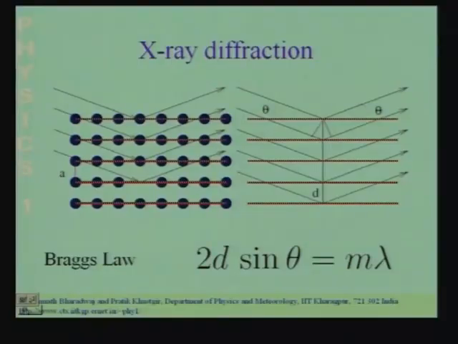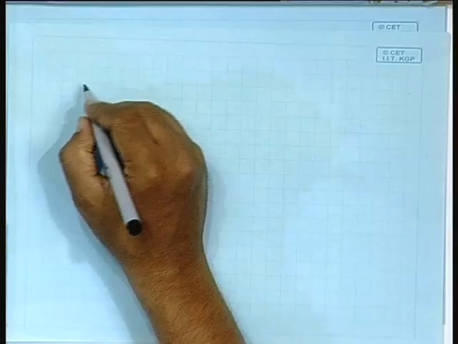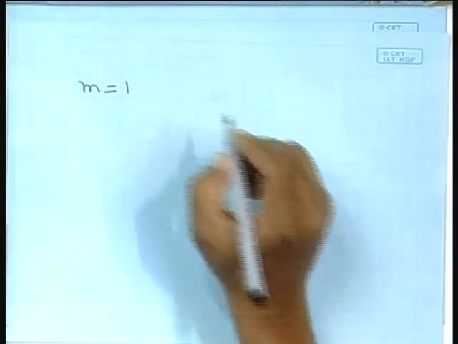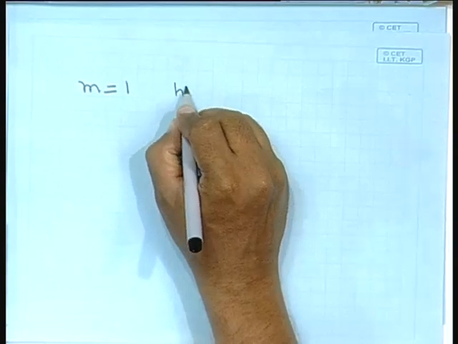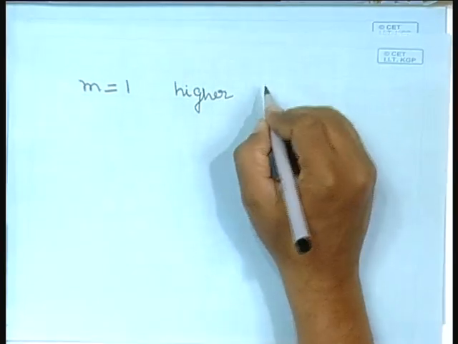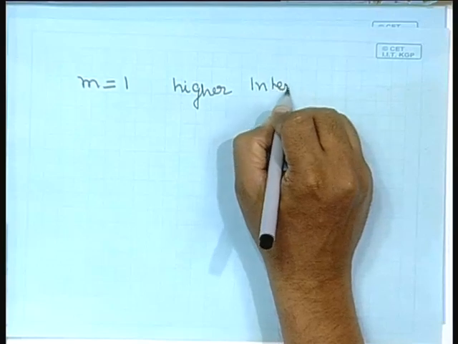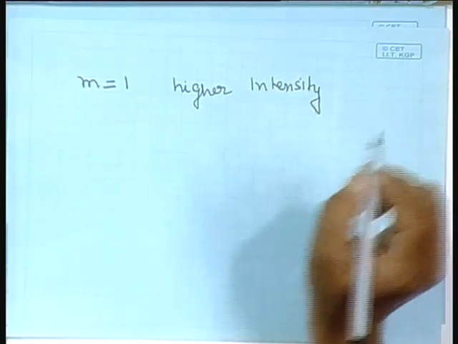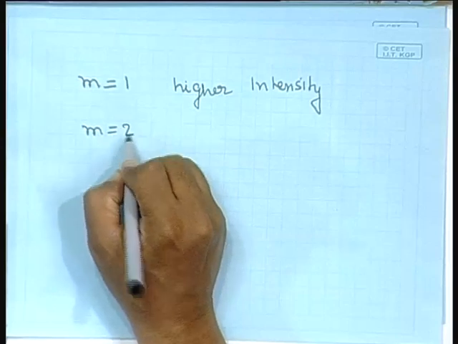Now people who do X-ray know that the intensity of the higher order maximas, m equal to 2, 3, 4, 5, etc., is much smaller than the intensity of the first order maxima. So m equal to 1 has a much higher intensity compared to m equal to 2 and higher orders.